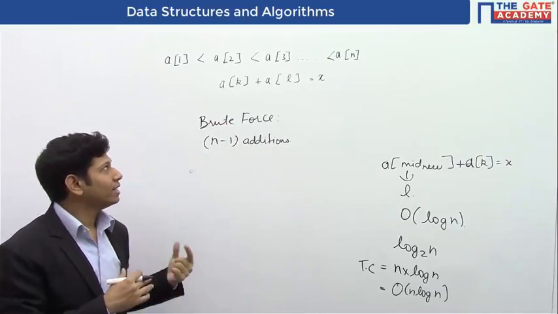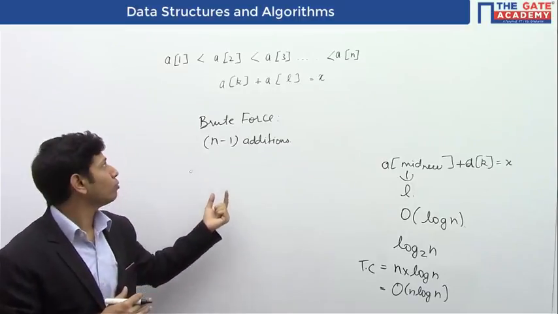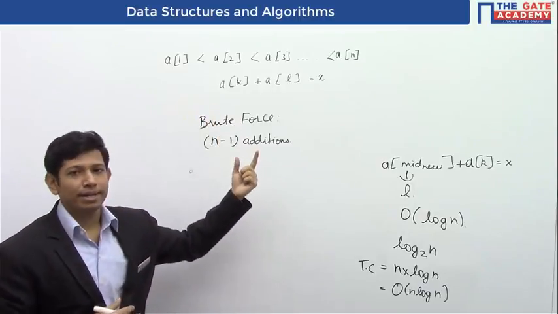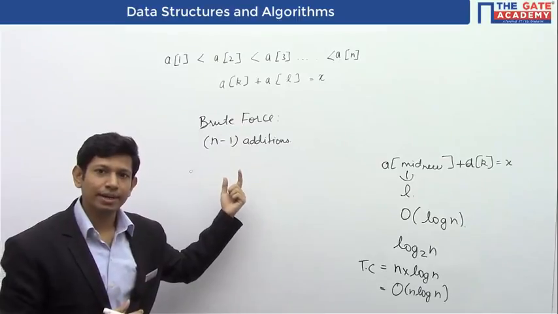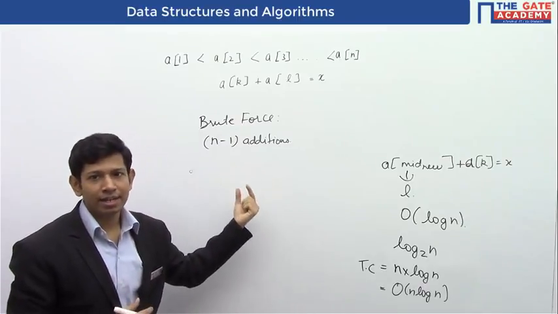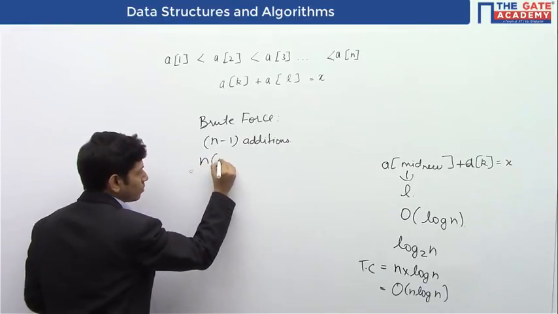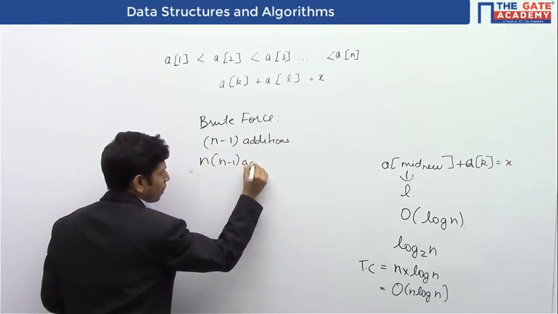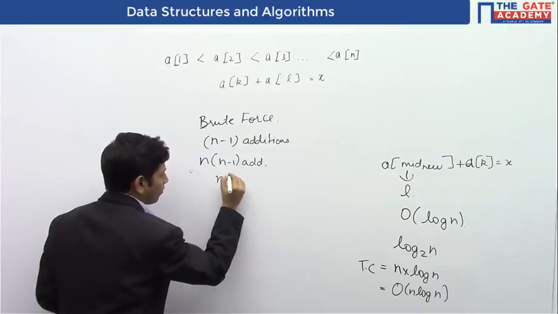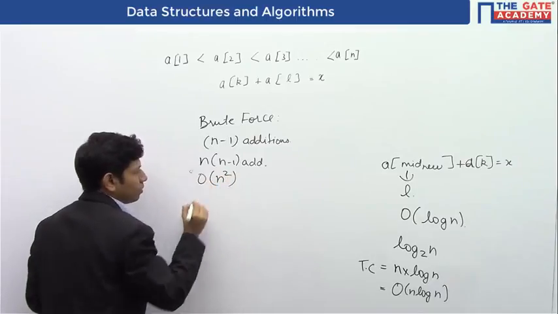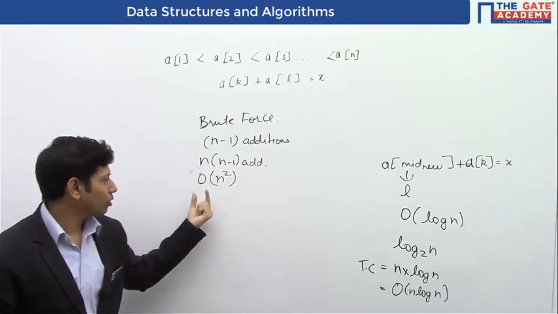To reach that addition, we had to perform n into n minus 1 additions. For one element, n minus 1 additions. For n elements, n into n minus 1 additions. So n into n minus 1 additions, order of n square.